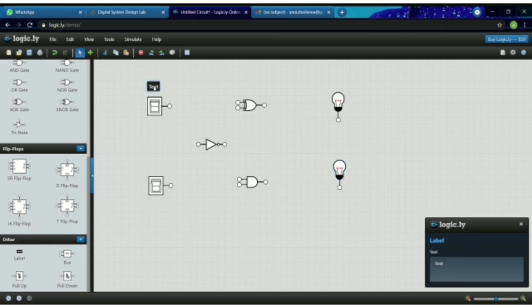And now we are labeling the switches: the first one is A and the second one is B. And we are labeling the gate as XOR. And the top one is NOT and the bottom one is AND gate. And we are labeling the outputs as borrow and difference.